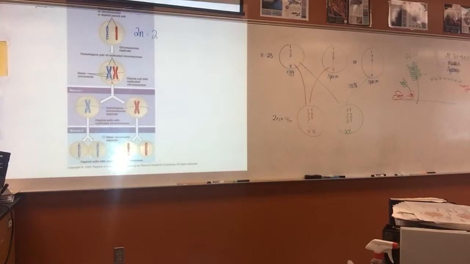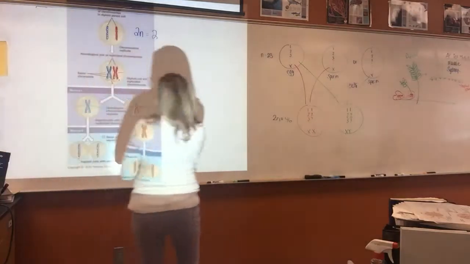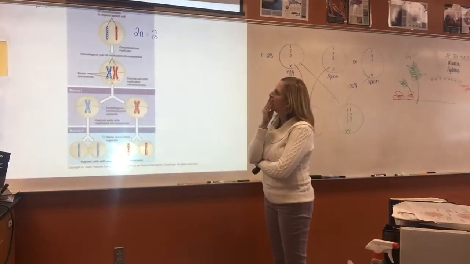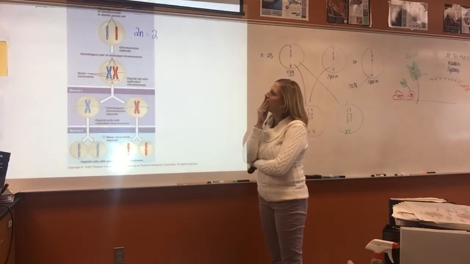Yes. Okay, so I have a question about the process. Why does it double, split, and then split again? Why doesn't it just split from the very first cell, so that instead of getting 4, you'd only have 2? Is that just like an efficiency thing?